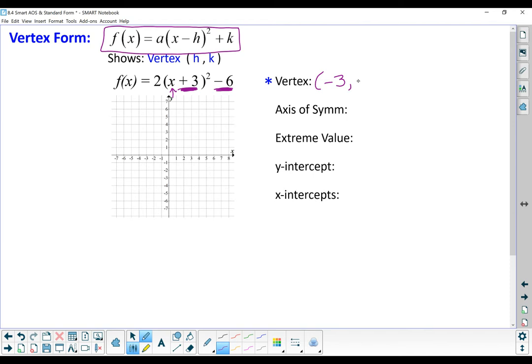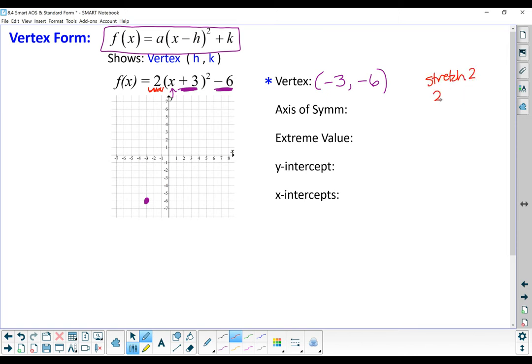But the y value is what it is. The equation shows it, and it is what it is. So the vertex of this parabola is going to be at (-3, -6). So here's the vertex. We'll plot that point. This parabola, if I'm going to finish graphing its shape really quick, it has a stretch of 2.